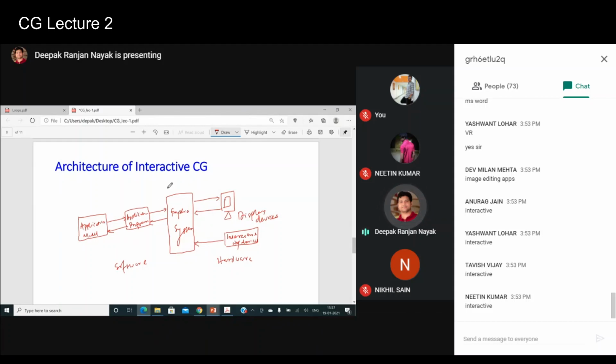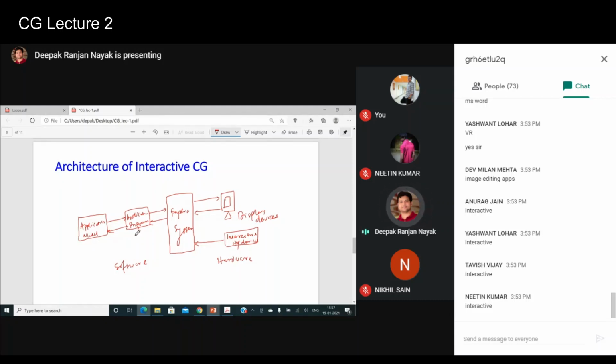And at the software level, if you see, there are three components. One is basically the application model, the application program, and the software graphics system, which also comes under these software categories, right? The application program creates, stores, and retrieves the pictures, if you want to design something.